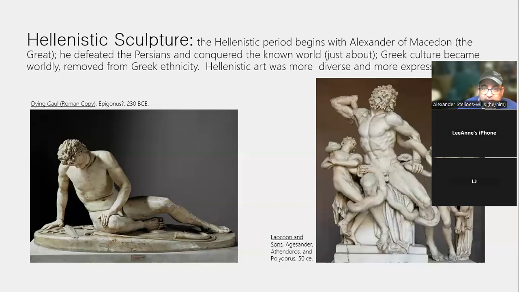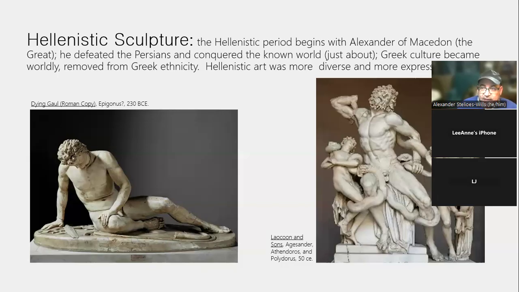So, what are some of the main differences between Hellenic art and Hellenistic art? Hellenic art tended to be more conservative, more restrained, and more idealized, and was not interested in as much expressiveness, and definitely not interested in as much dynamic action and struggle and pose.